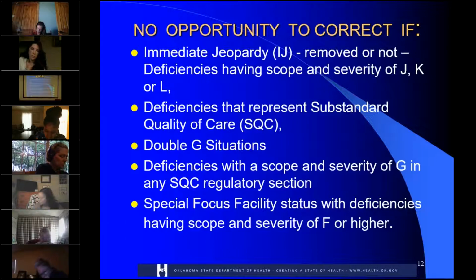Special focus facilities get 2 times as many surveys, until they can have 2 surveys with E or less and get them corrected really quickly. At that point, we can graduate them. It's very complicated, and I think I'm going to have more about it the next time I come back. Sue usually goes over that the second time that we come.